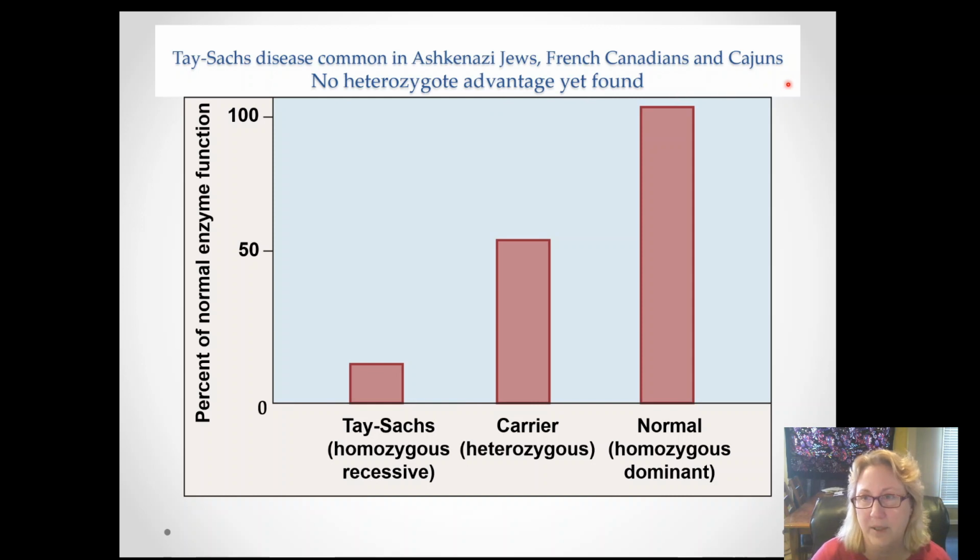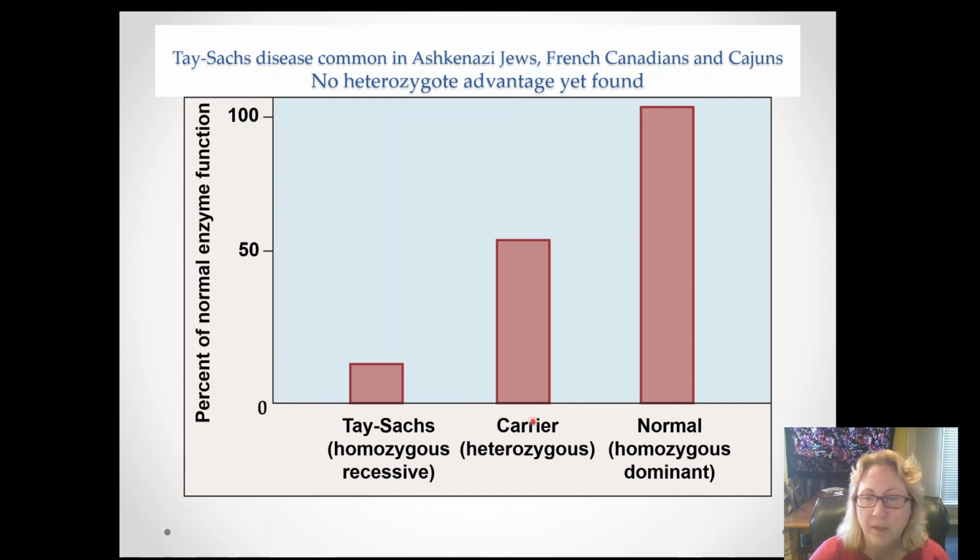There's a few other populations as well, but these are the major ones where this allele is common. And there could be a heterozygote advantage, because if we look at the amount of enzyme produced in the brain, carriers have half the amount of enzyme produced by this particular gene. But no heterozygote advantage has been found.